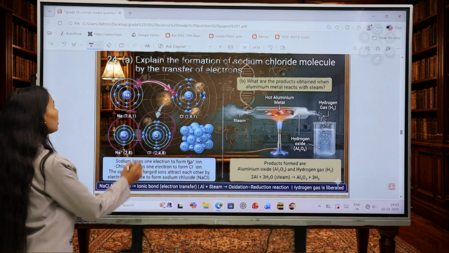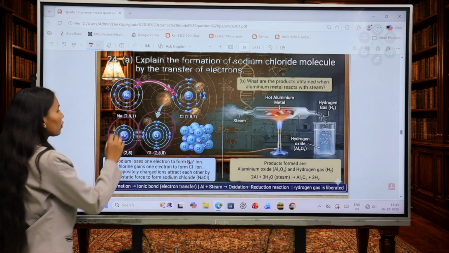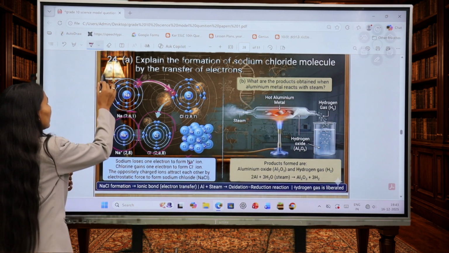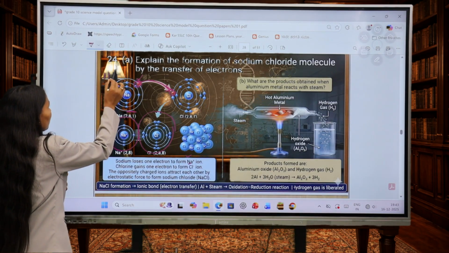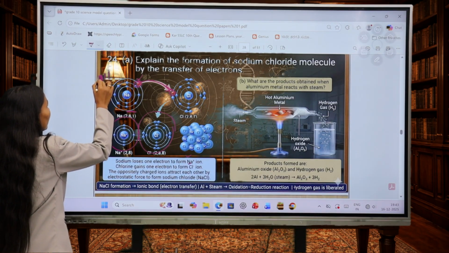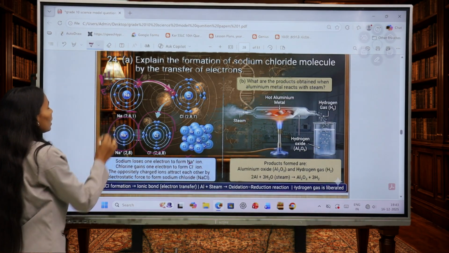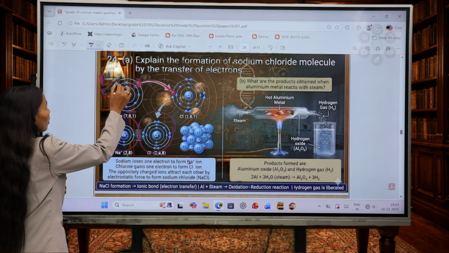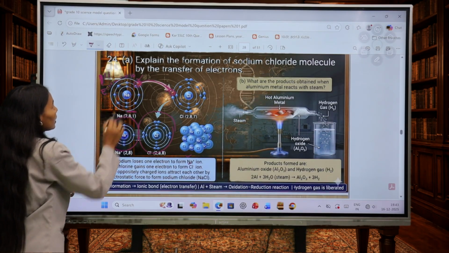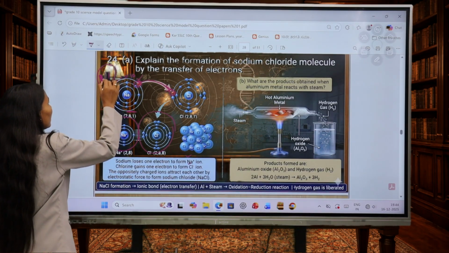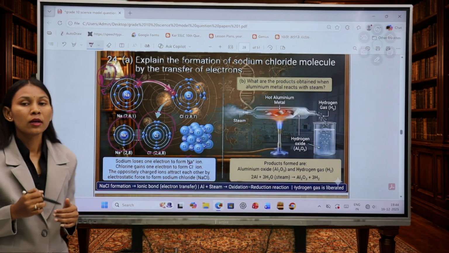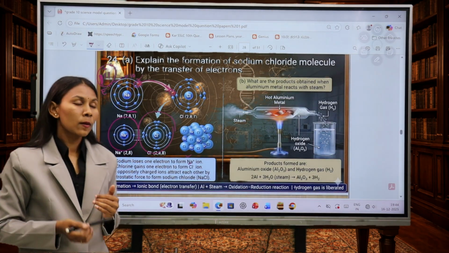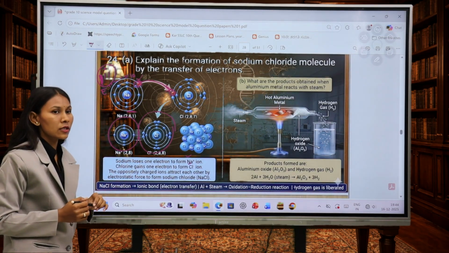As you can see here, the total number of electrons for sodium is 11, and the protons are also 11. Once it loses one electron, there will be 10 electrons but 11 protons, so the positive charge will be more than the negative charge.